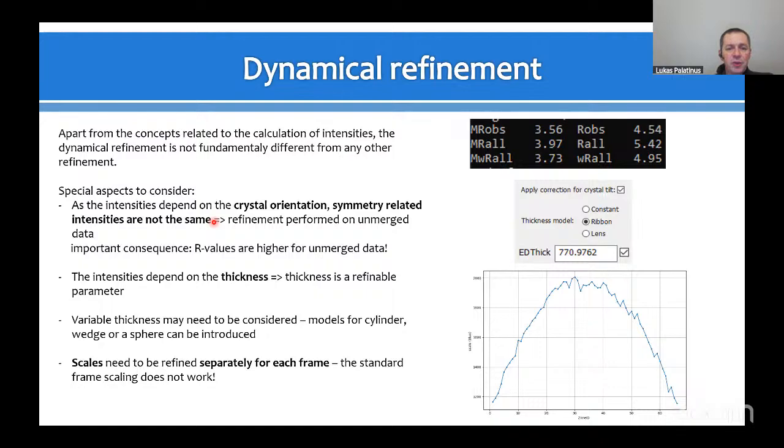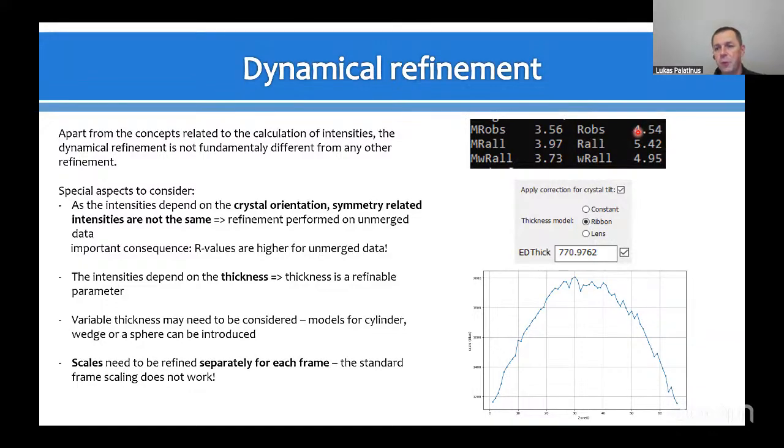An interesting, not really fundamental, but important consequence is that the R factors are higher for unmerged data than if you merge the data. Simply because if you merge the data, you already average out a bit of the noise. So the R factors are then nicer. And here on this screen, you see the difference. The right column, R obs and weighted R all, are numbers that were obtained on one particular structure refinement.